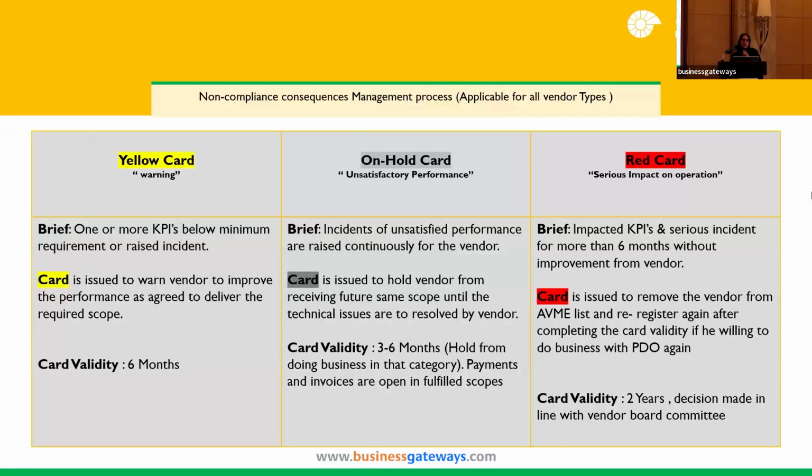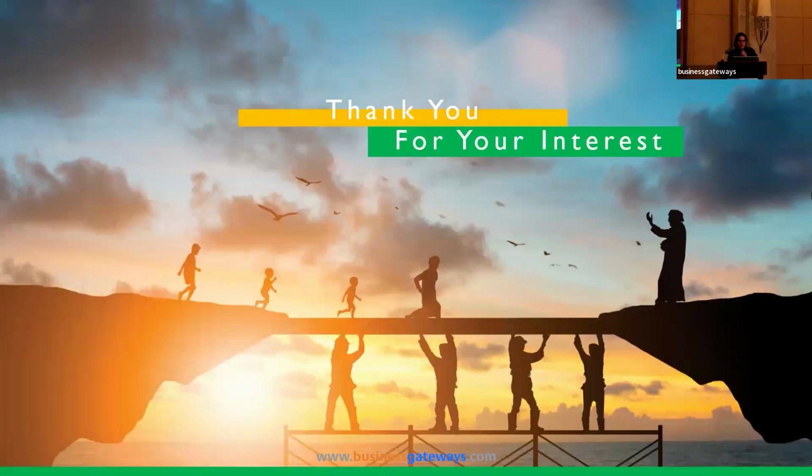We use it for our suppliers in case of any lack or failure to process the product or the shipment or whatever, starting with the yellow card, ending with the red card. Thank you very much.